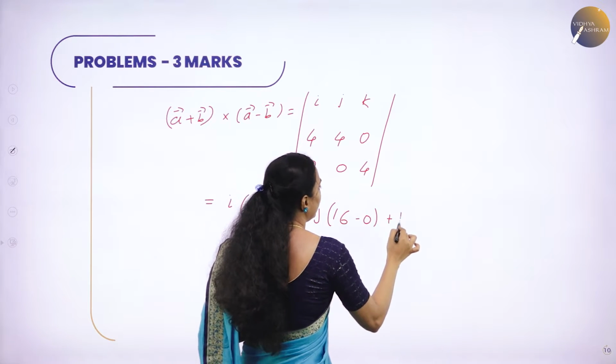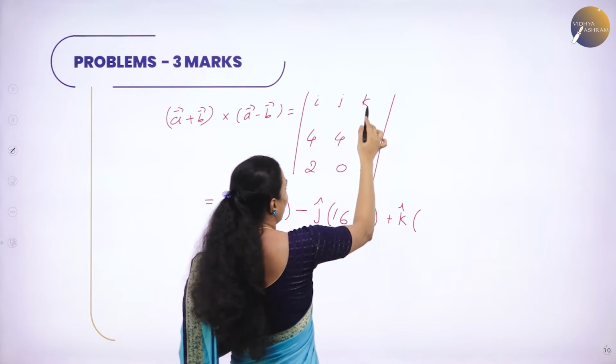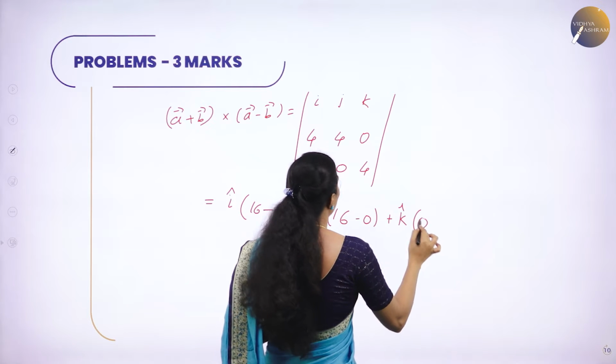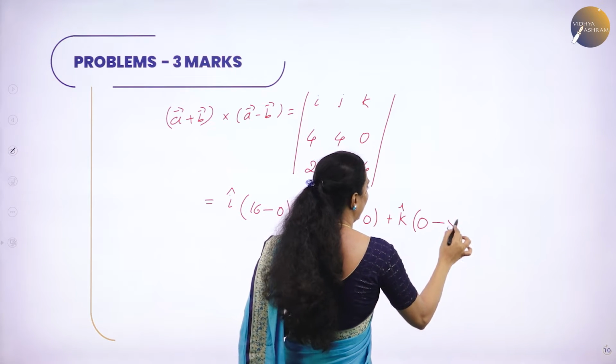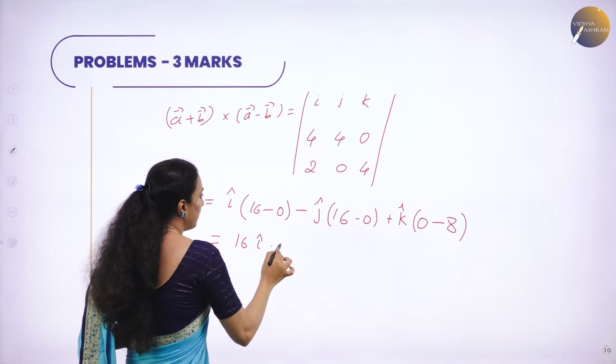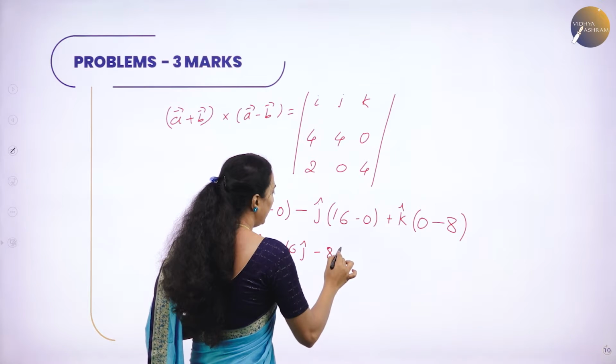So plus k into, leaving the third column and first row, 4 zeros are 0, again minus 4 twos are 8. Correct? So you get 16i minus 16j, minus into plus is minus 8k.